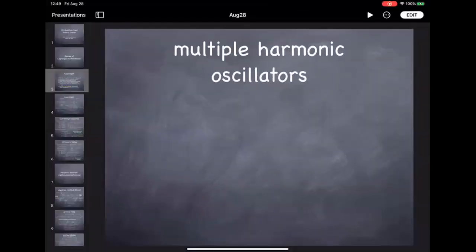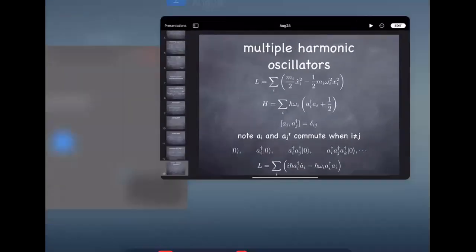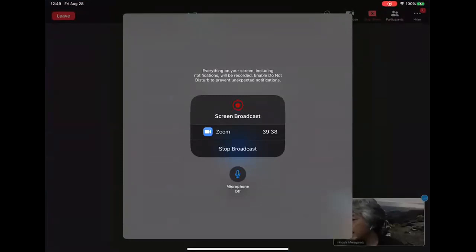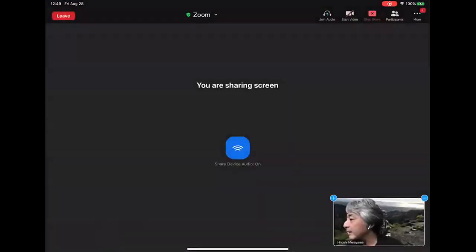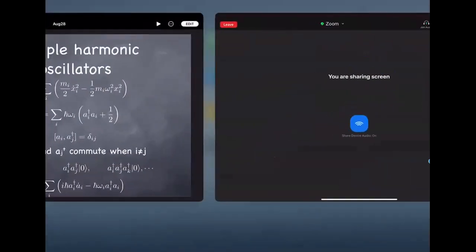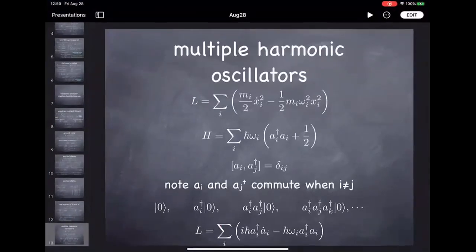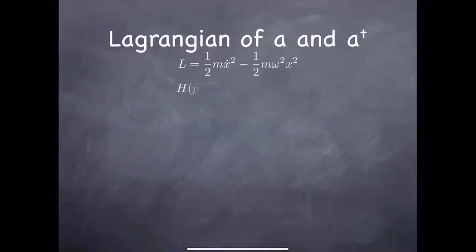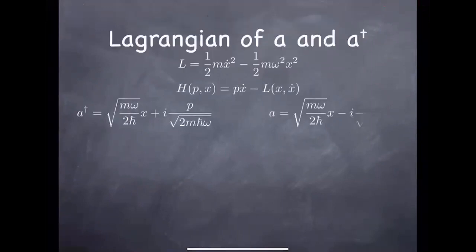Maybe not here. How do I do this? Go to Zoom. No, I'm not finding that either. I see, you do not see my pointer. Yeah, so you keep talking about these slides, and it's sometimes hard to follow, like A dagger, A dot.